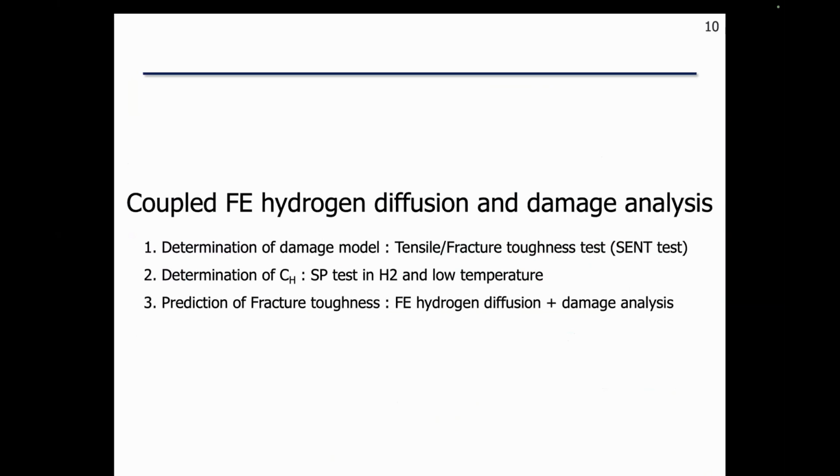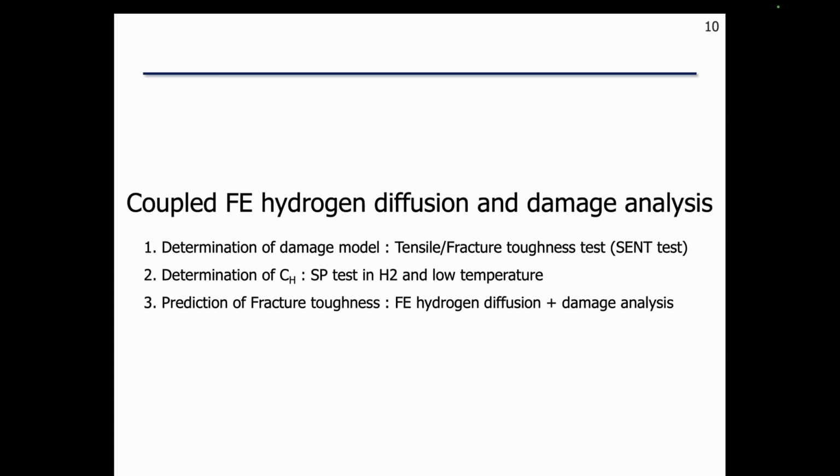I will explain more details about the coupled FE hydrogen diffusion and damage analysis. As mentioned before, to determine the damage model, we used tensile test and fracture toughness test data. And to determine the CH, we used small punch test data in hydrogen and low temperature.